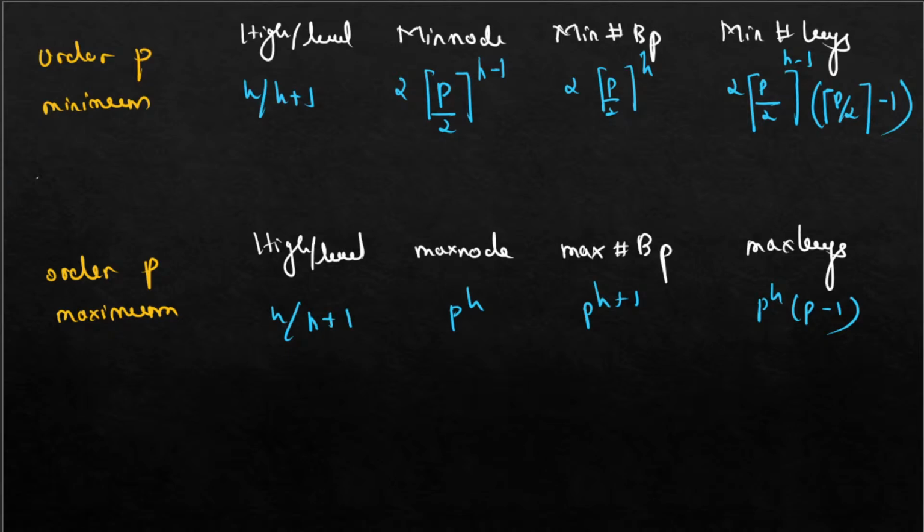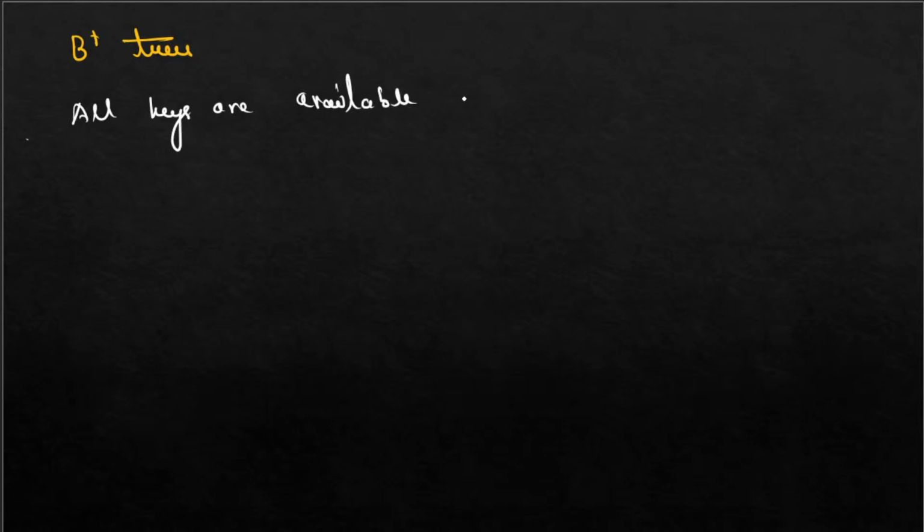Now let's talk about B plus trees. All keys are available at the leaf node.